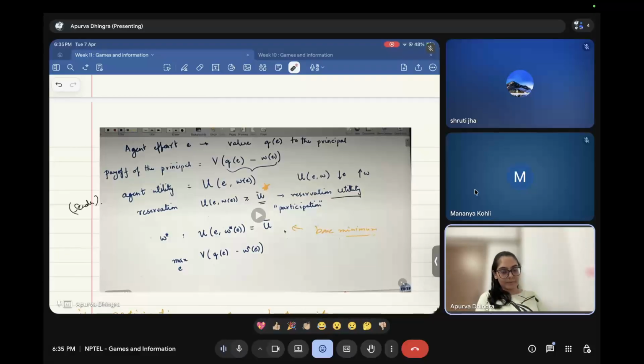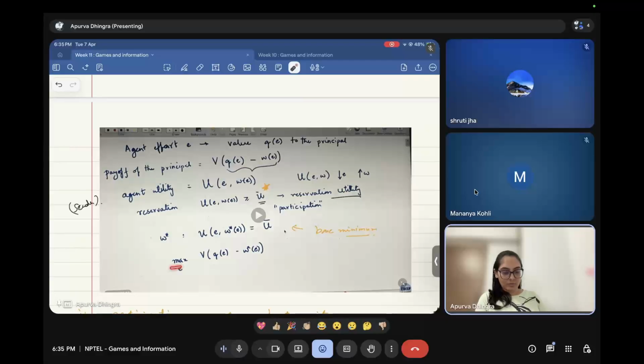So the principal would want, like any manager wants their employees to work as much as possible. They're never happy. They want more and more and more. And that's pretty much captured by this. Even though getting work done is not in the hands of a manager unless they themselves start working or maybe micromanage, still, it's the effort of the agent that will decide how much utility they're going to get.